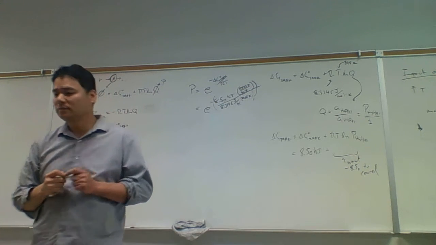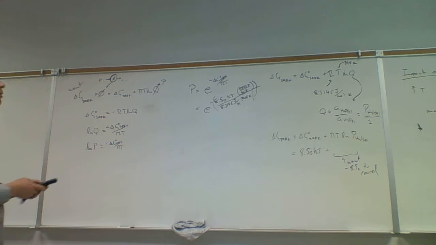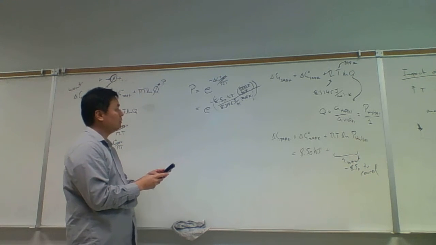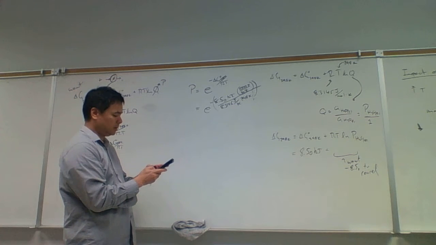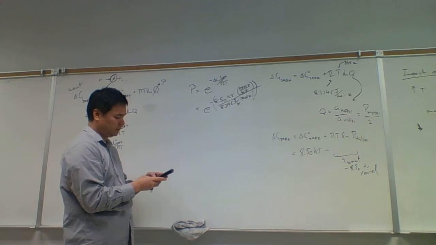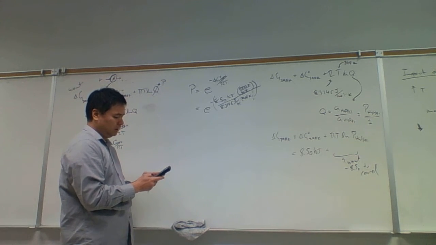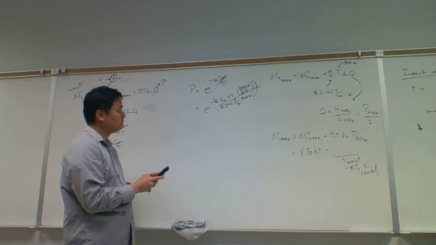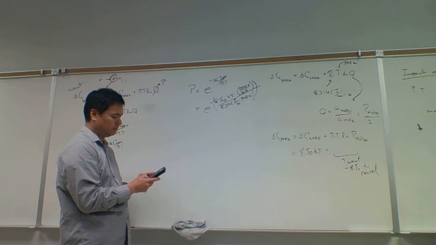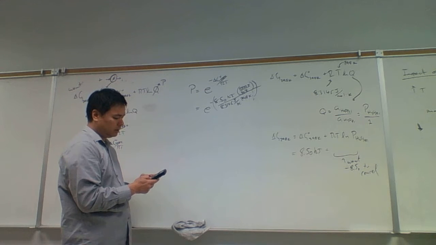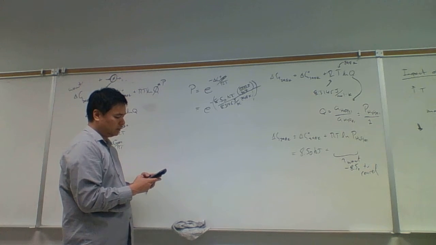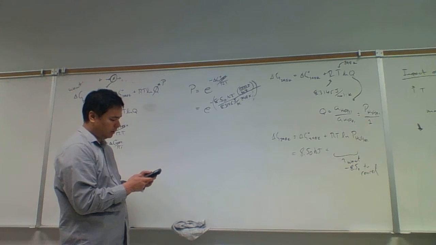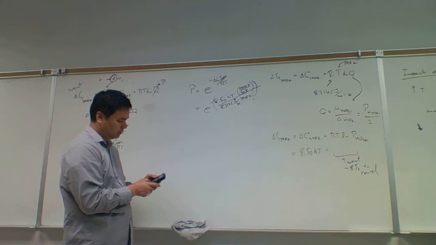All right, so let's see what we got here for the pressure. This is going to be 8.5 times 1,000, divided by 8.3145, divided by 298. And then it should be negative, so I forgot to put that there. And then e raised to this power.